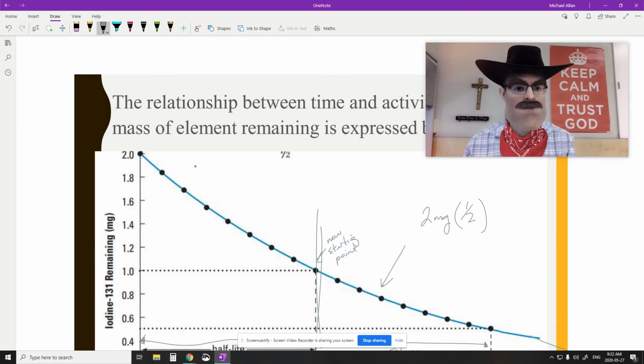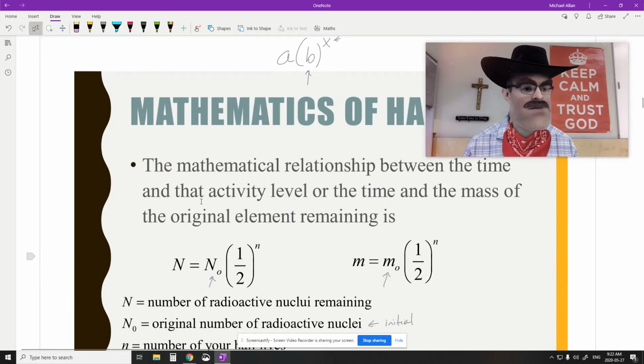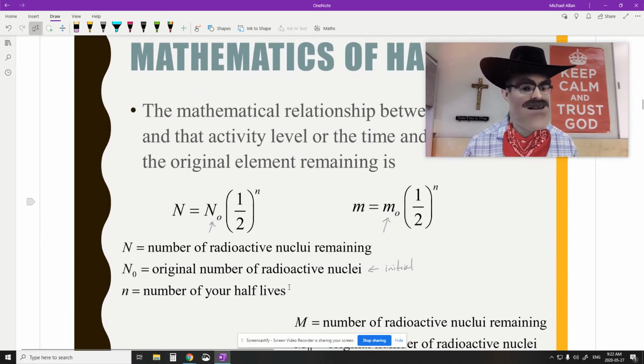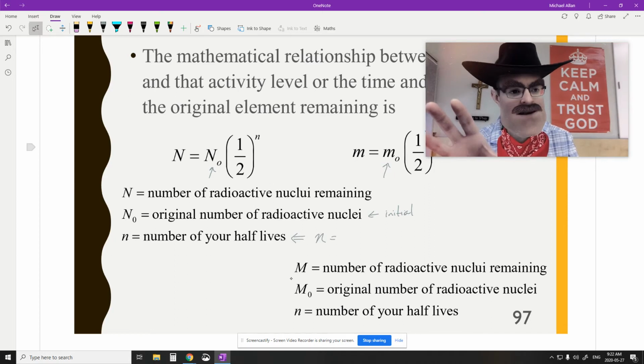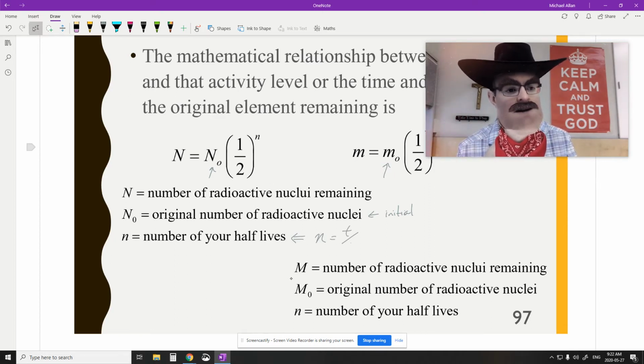Now, this up here could be n, right? So down here, that's n. N is the number of half-lives. And usually how we determine the number of half-lives is we take the amount of time that's passed, right? And divide by the period of the half-life. So this is the actual half-life number.